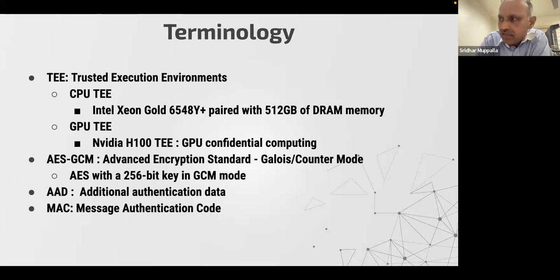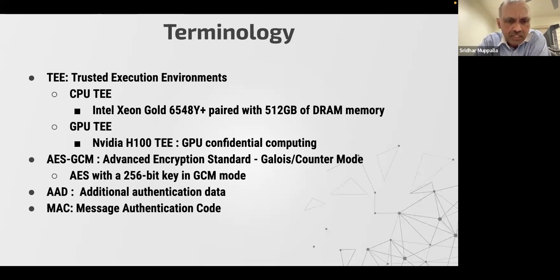NVIDIA has been shipping the TEE features from the Hopper architecture, the H100, H200s, and even in Blackwell they are supporting the GPU TEE features. The older GPU cards shipped from NVIDIA, like the A100, A2s, and so on, don't have TEE support.